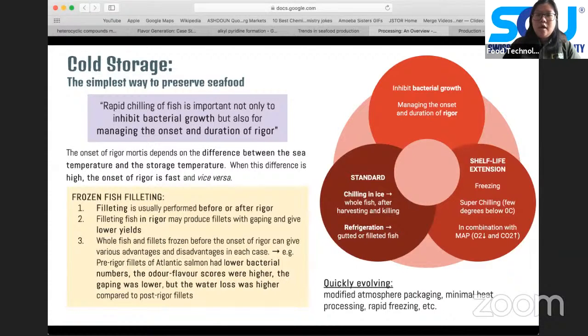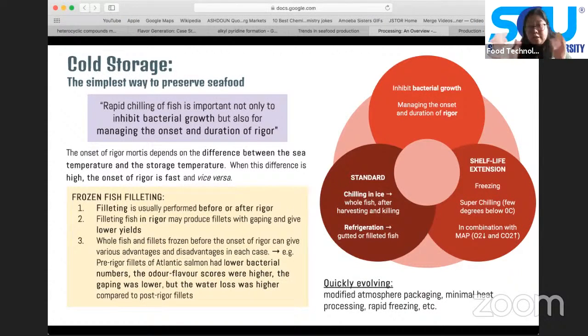Another thing that can be done for shelf life extension is the combination of chilling with MAP, modified atmosphere packaging. The modified atmosphere packaging that is commonly applied is the reduction of oxygen and the increase of carbon dioxide.